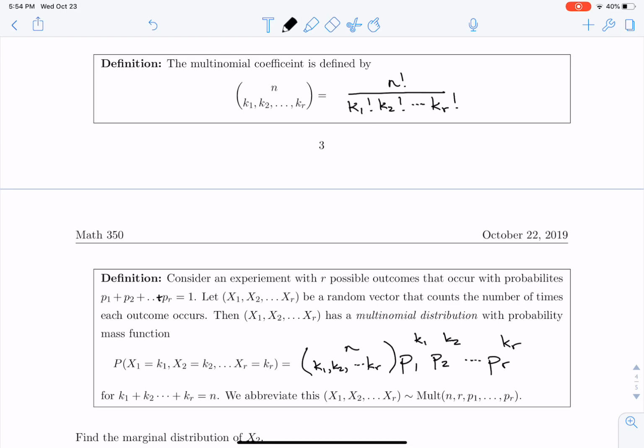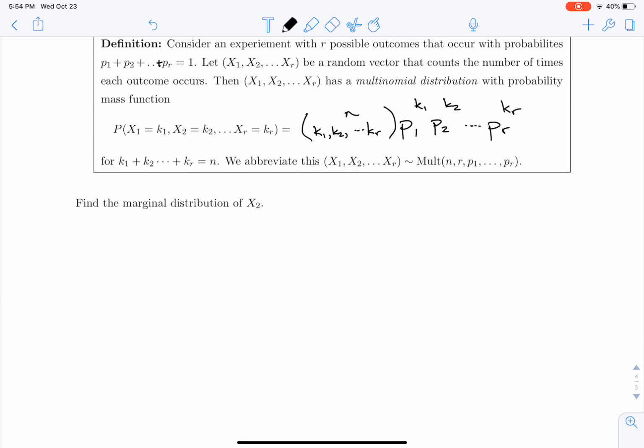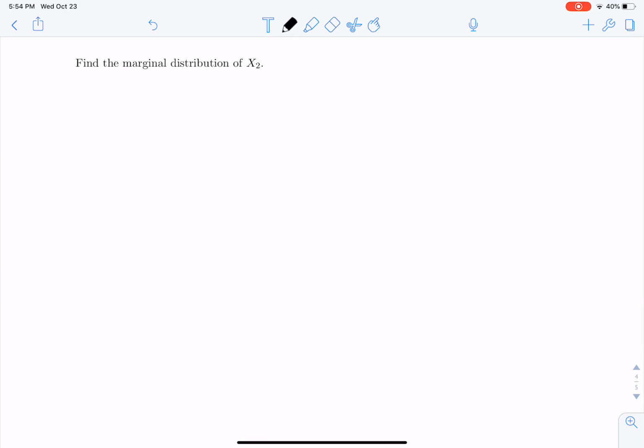Okay, now that we have this new distribution, let's figure out the marginal distribution of x2. So we're going to let x2 equal basically our success. And that would mean then that x1 plus x3 all the way down to xr would be like failure.